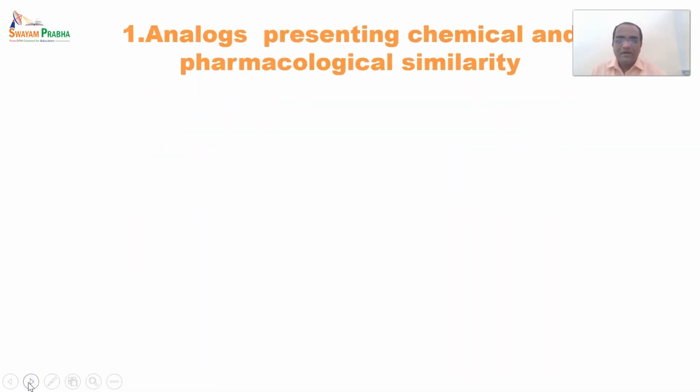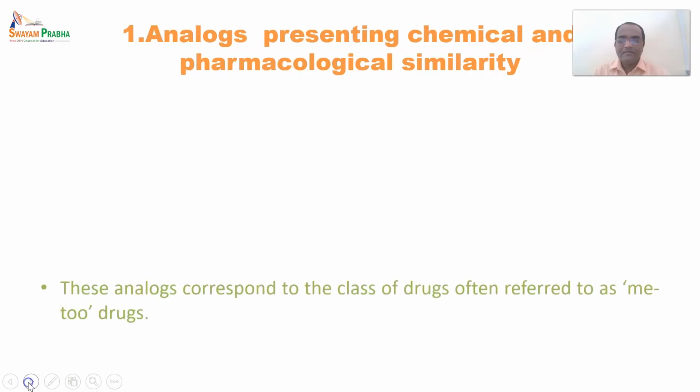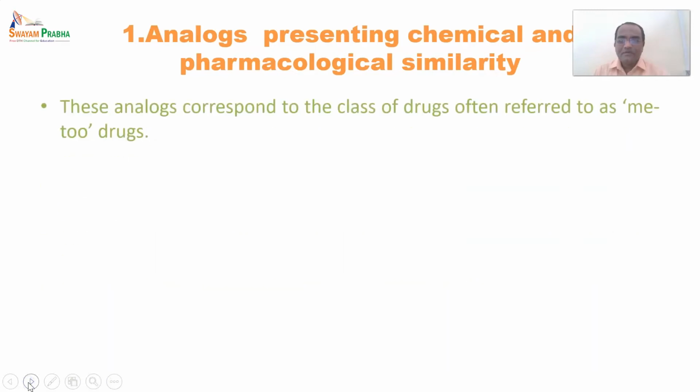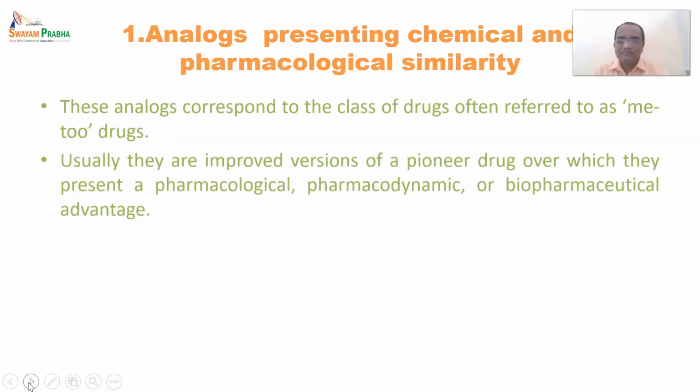So the first class is analogs presenting chemical and pharmacological similarity. These analogs correspond to the class of drugs often referred to as Me Too drugs. Usually they are improved versions of the pioneer drug over which they present a pharmacological, pharmacodynamic or biopharmaceutical advantage.